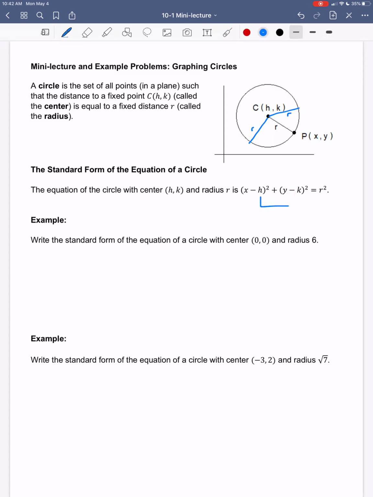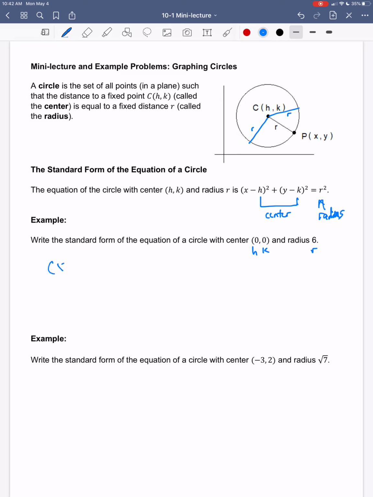So remember, we look at the h and the k to get the center, and we look at the r to get the radius. So write the standard form of a circle with center 0, 0 and radius 6. Well, the center is always h and k, and the radius is always my r.